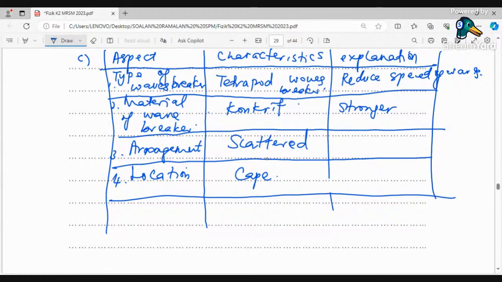Okay, kita nak dia scattered. Scattered maksudnya to produce more friction pun boleh. Okay, ataupun to increase uneven reflection of water wave.